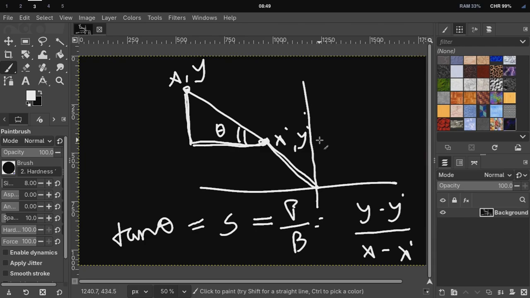So for that we have one more equation, and since this is the line theta, this has the same slope as theta. So we have y prime upon x prime to be tan theta.